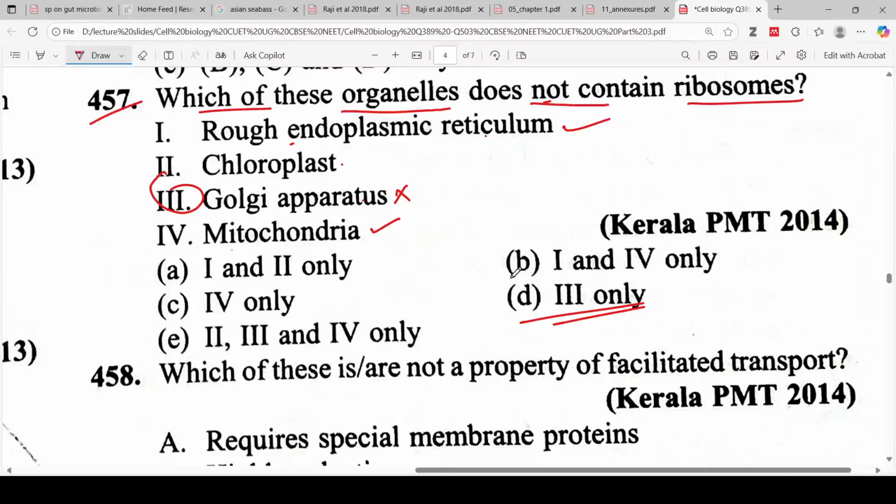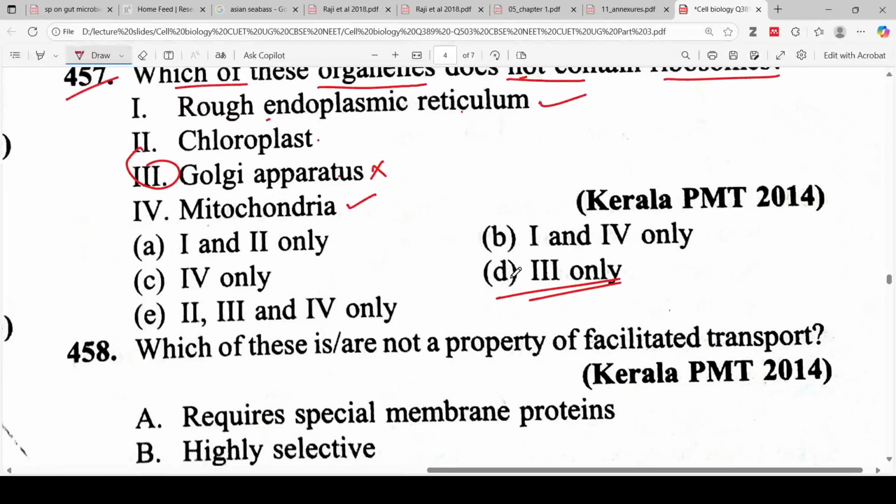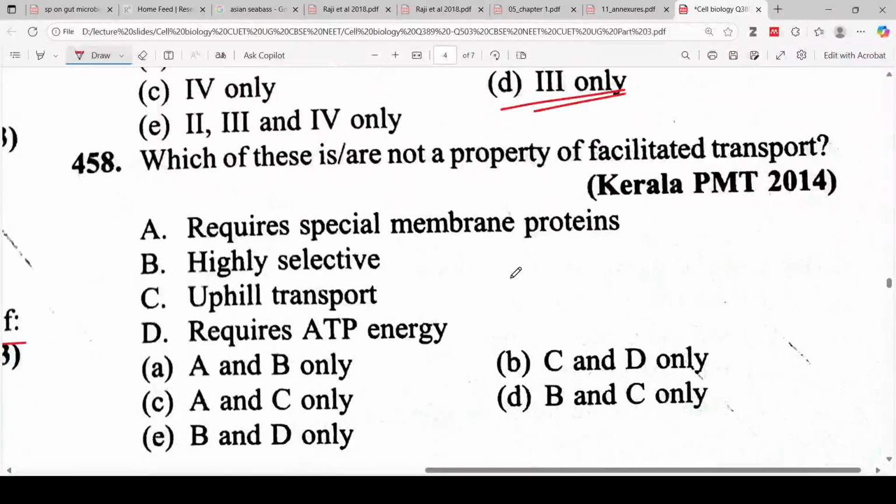Okay, let's begin again. So next question: which of these is not a property of facilitated transport? Option A requires special membrane proteins, highly selective, and require ATP energy.